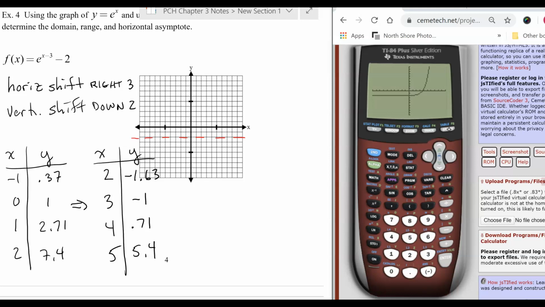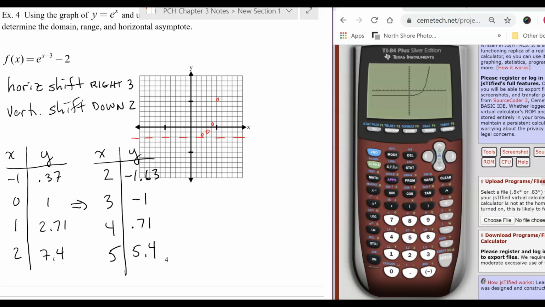I have 2, negative 1.67, so somewhere around here, and then 3, negative 1, and 4, 71, and 5, 5.4, so somewhere about there.